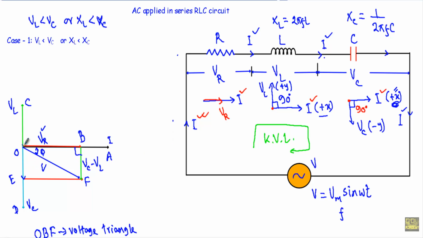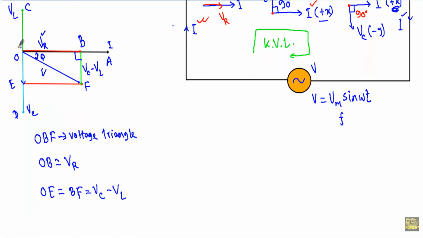Here this OBF will be a right triangle, and this will form the voltage triangle. Here this OB will indicate VR, OB equal to VR, and this OE, which will be equal to BF, will be equal to VC minus VL.